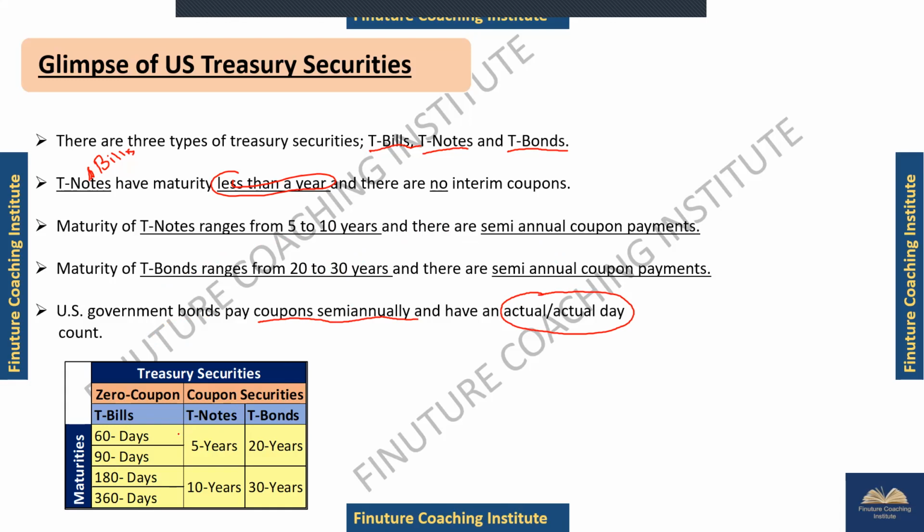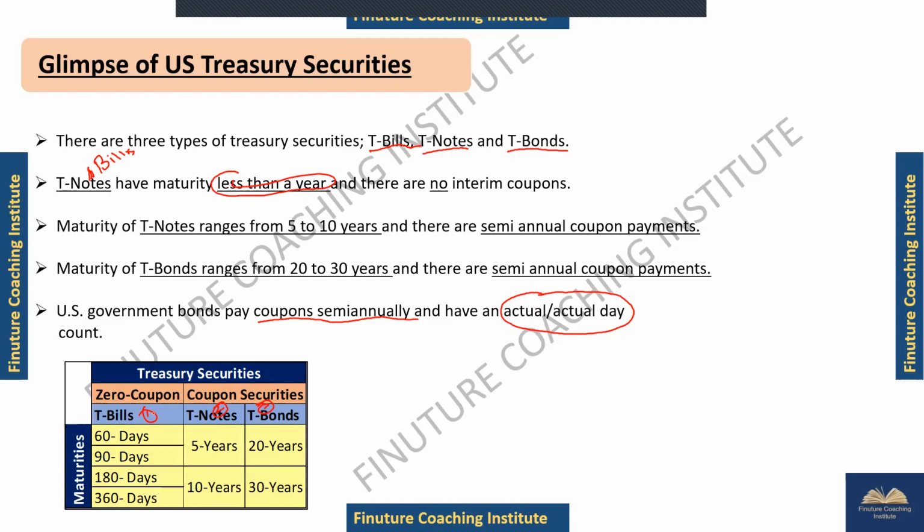And this table summarizes whatever we covered in the above bullet points. So three types of treasury securities: number 1, number 2, and number 3, T bills, T notes, and T bonds. T bills have maturity less than a year. This particular portion is covering maturities, and this is segregating the treasury securities based on the coupon payment.